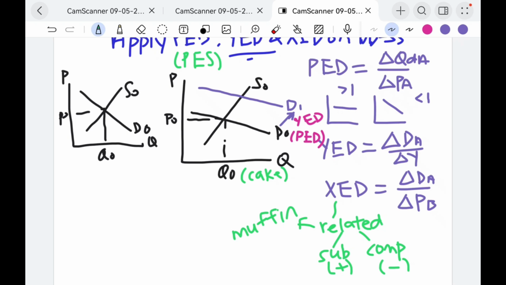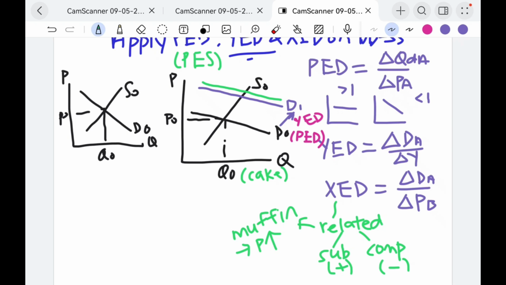So perhaps to consumers they are substitutes. So if the price of muffin increases and the cake being a substitute of muffin, it will have a higher demand. So how you show it is that you can further shift the demand curve out.